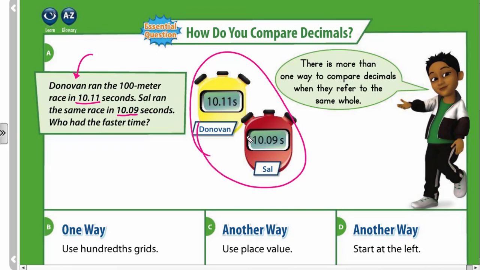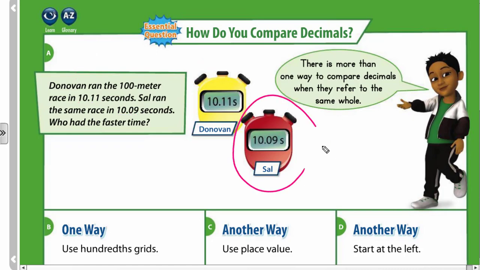We'll see the ways. But before we start, I have a question here. Ala said that Sal is faster. So Ala, we are searching for the greater number or for the smaller number? When it's a race, so we are searching for the faster should be the greater or the smaller number?